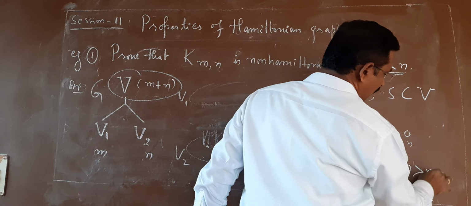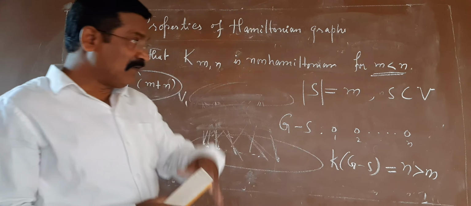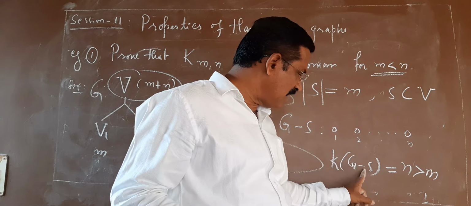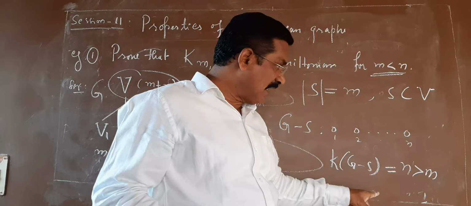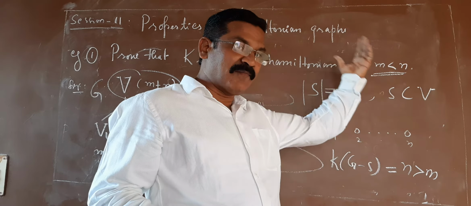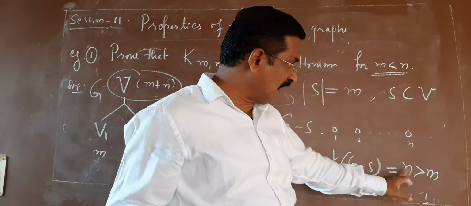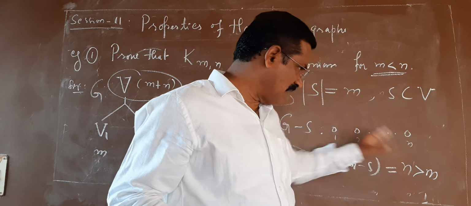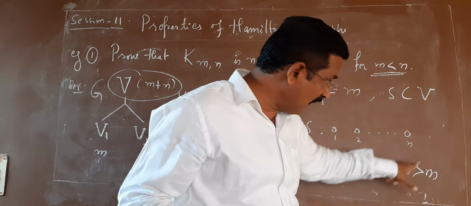The previous theorem says that if the number of components in G minus S is less than or equal to the number of elements in S, but here it is greater than m.